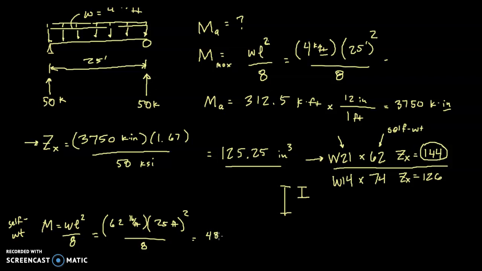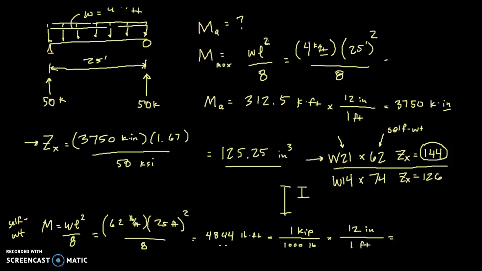4,844 pound feet. Okay, so I'm going to want to convert that to kip inches. For every 1,000 pounds, there is 1 kip, and for every 1 foot, there are 12 inches.